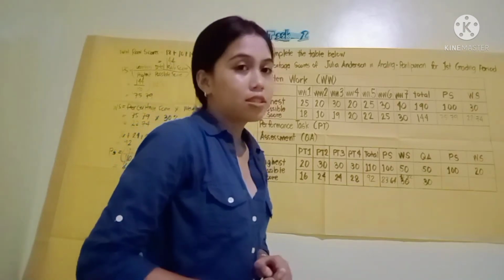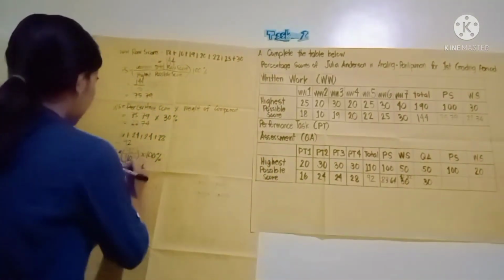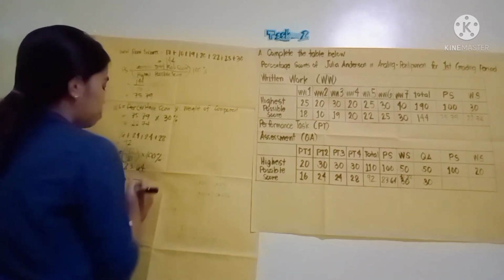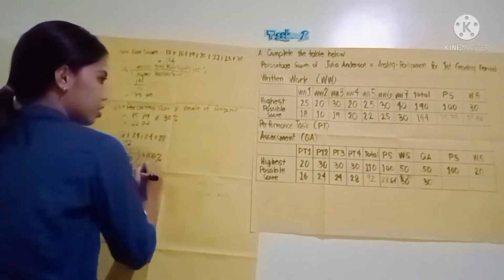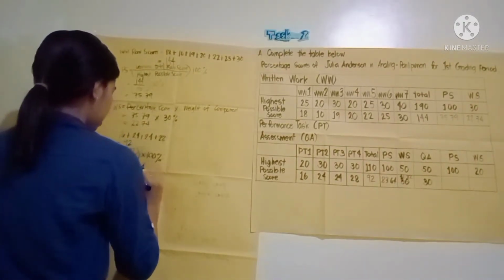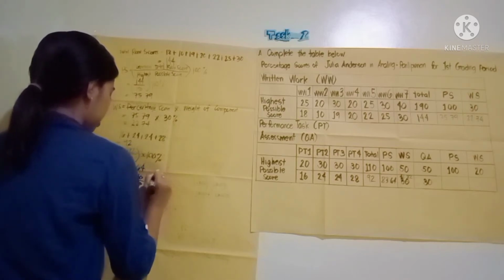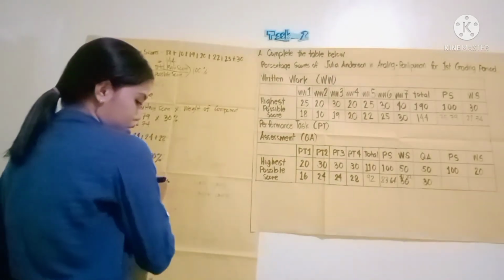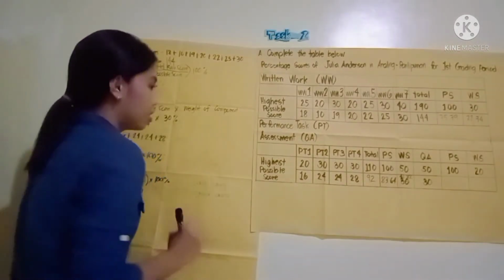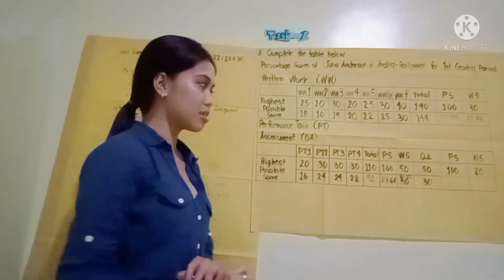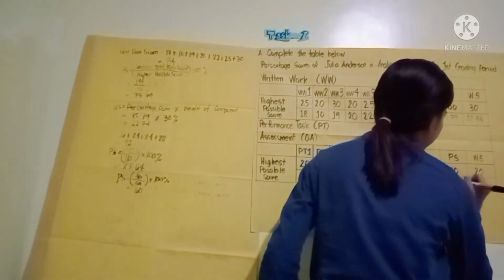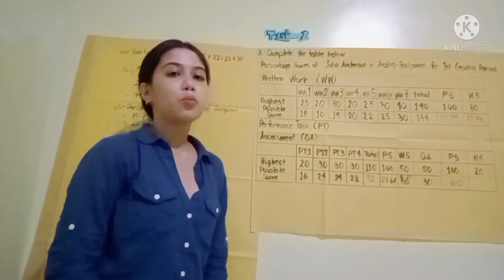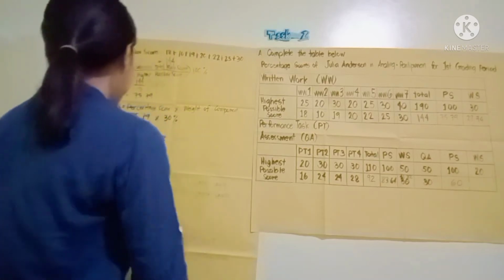In getting the quarterly assessment percentage score, the formula is percentage score equals 30 over 50 times 100% is equals to 60. So the percentage score of the quarterly assessment is 60. Next is we need to get the weighted score for the quarterly assessment.